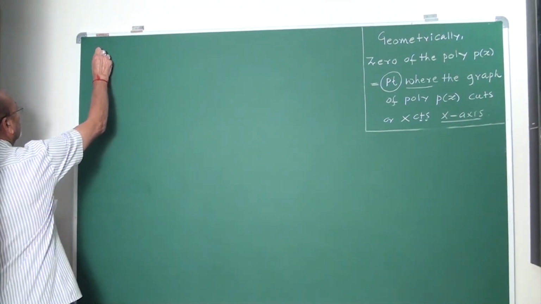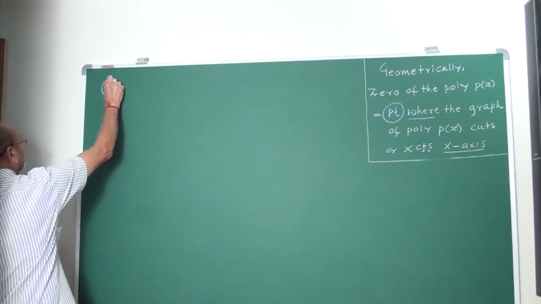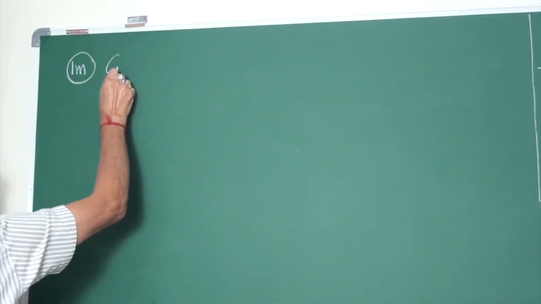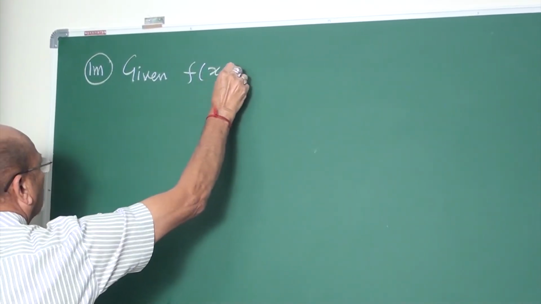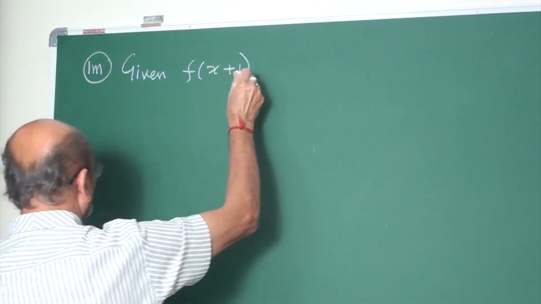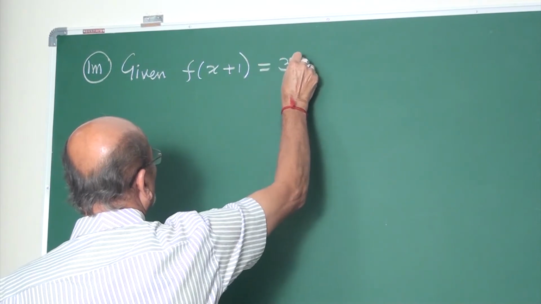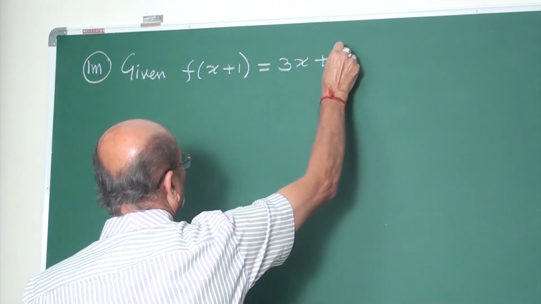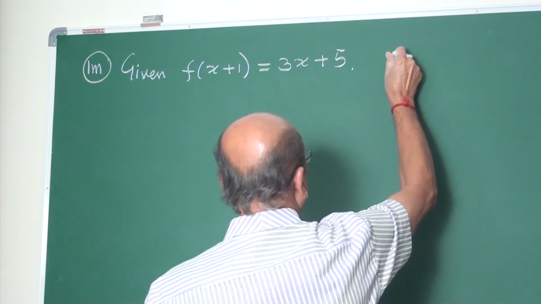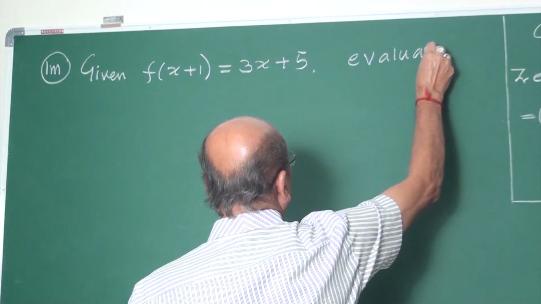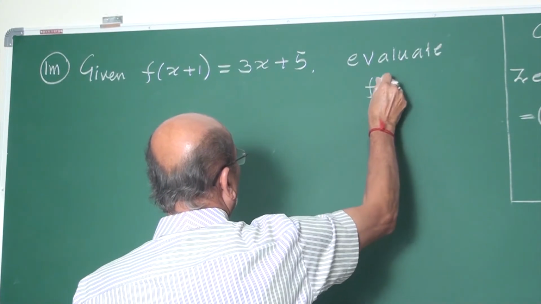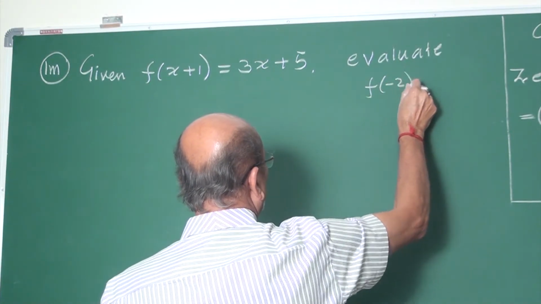This is a 1 mark question. Yes, correct. Given f of x plus 1 equal to 3x plus 5, then evaluate f of minus 2. This is 1.